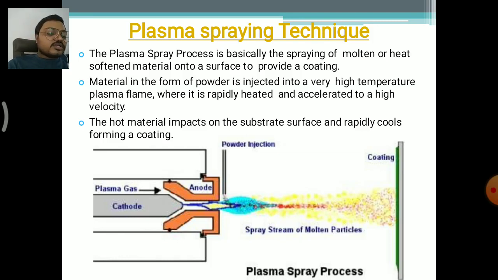So we used to draw the 1 mm or 2 mm coating in the surface layer. So this is the plasma spraying technique. This plasma spraying technique is also used for the spraying of colors for the automobile sector, that is for the car colors or bike colors.